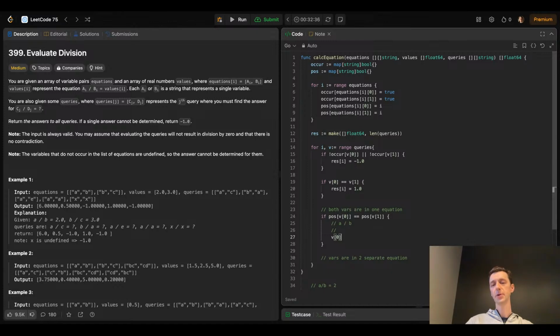So essentially, if in our query v0 equals what is in the equation for that position at 0, just to simplify so it doesn't look too crazy. Position 0 is that.